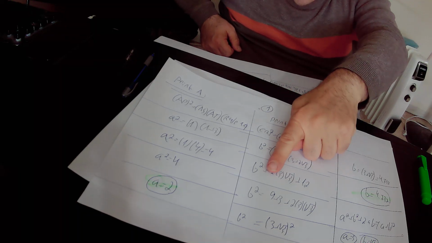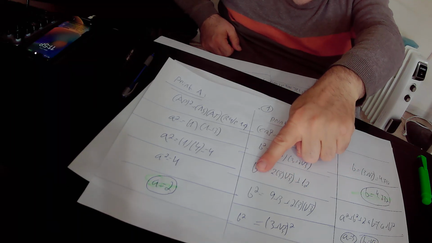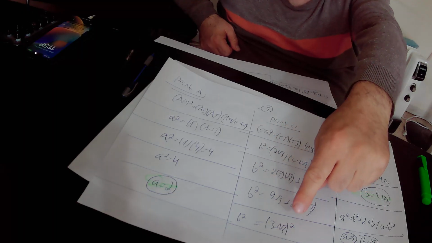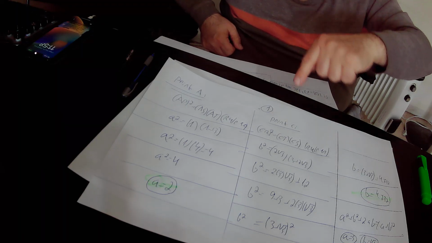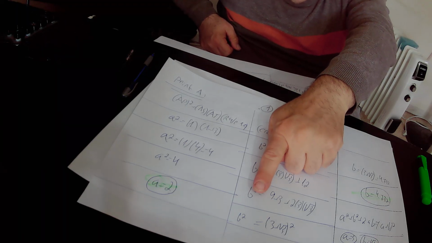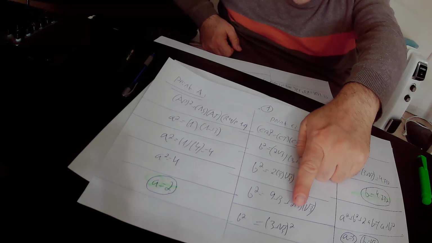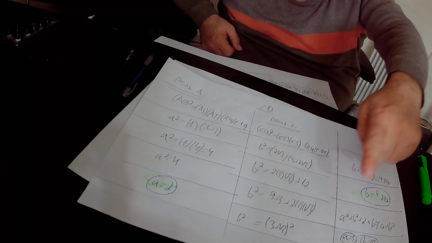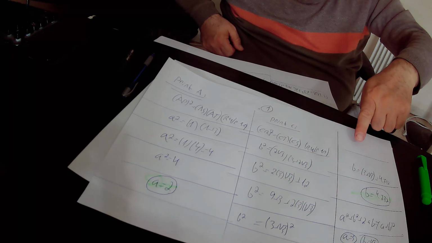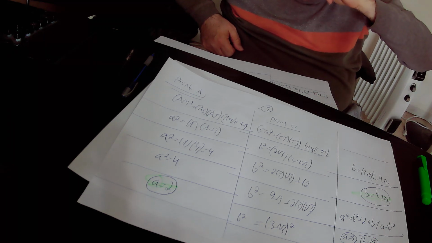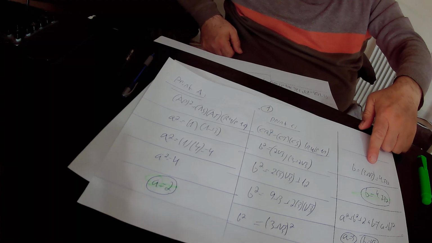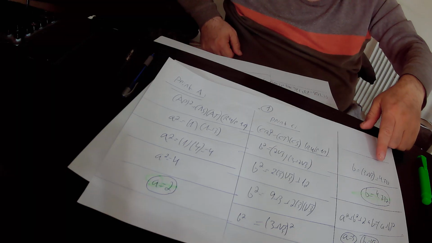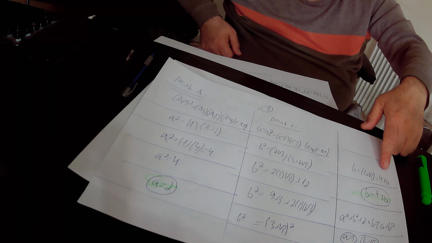And according to the equation, this expression equals B square, but those two expressions are equal to each other. Therefore, this expression must also be equal to B square. So B square equals 3 plus root of 3 square. Here we took the root of this equation, and finally found that B equals 3 plus root of 3. Square root of 3 is 1.732, and therefore B will be equal to 3 plus 1.732, that is 4.732.